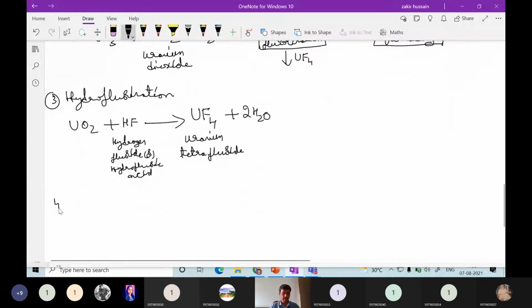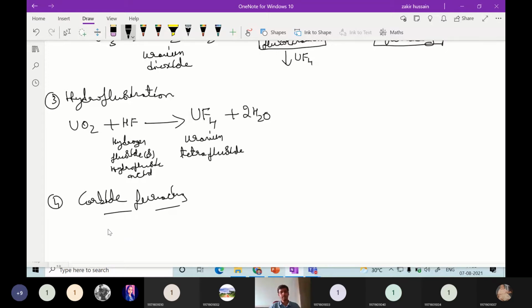So the fourth reaction will be carbide furnacing. How will it be carried out? UO2 plus carbon. Nearly 4 carbons will be mixed with uranium dioxide. Then it will be converted to uranium carbide, UC2, along with the liberation of carbon monoxide.